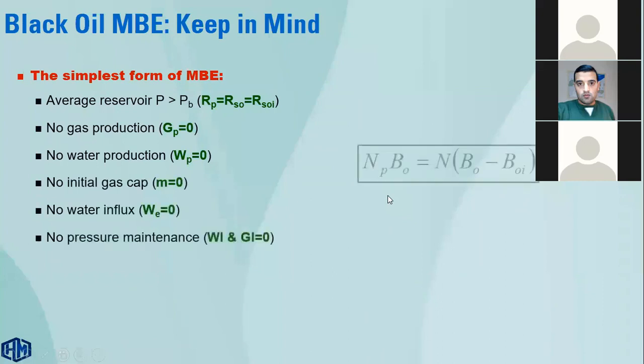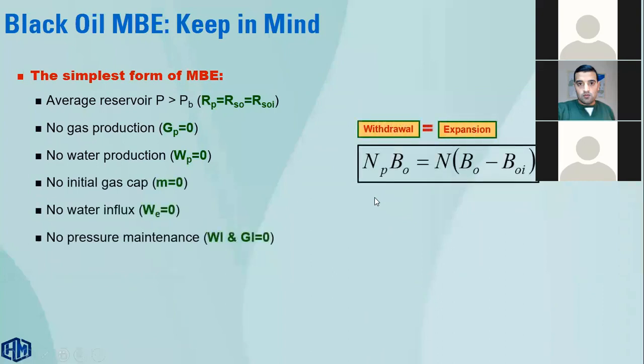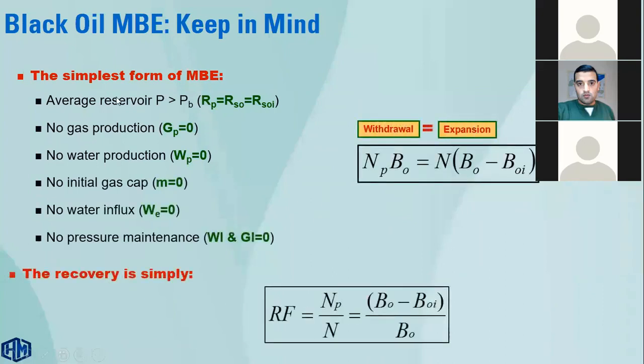However, let's consider the simplest form of the material balance equation with the following assumptions. If we consider the average reservoir pressure higher than the saturation or bubble point pressure, in this case Rs will equal Rsi, or Rso, because above the bubble point we have no free gas in the reservoir.